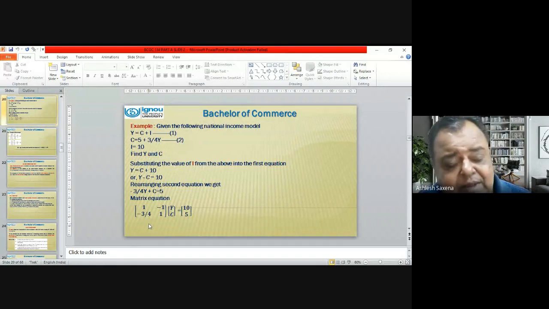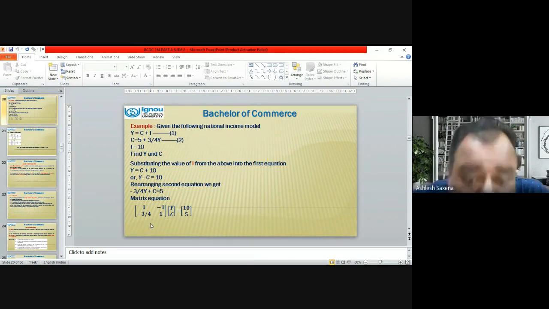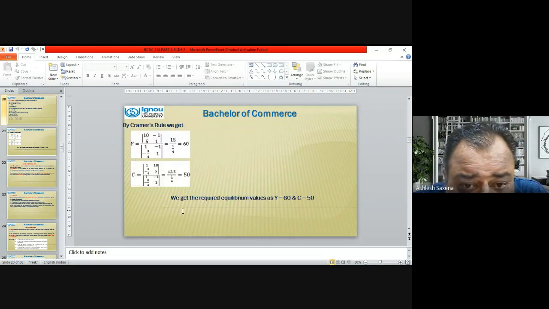If you remember, in Cramer's rule we have to find out the value of this matrix, and when we are going to calculate the value of y, we have to change these two elements by these two elements. Here you can see it has been replaced, and the second column will remain the same.